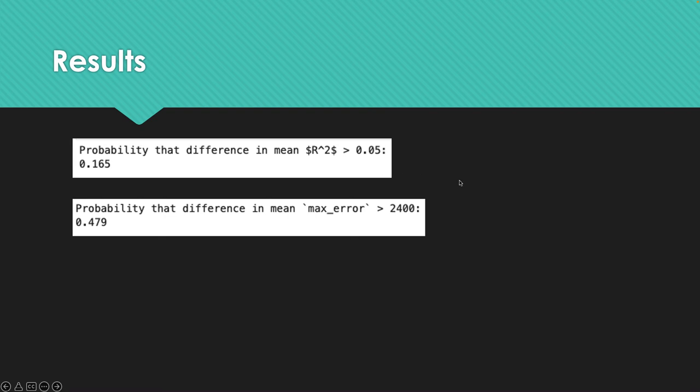And then to define a true difference in the max error, I went with 2400 because that was the difference in the sigma values between the null model and the improved model. And so I found that the probability that the difference in mean max error between the null and improved model is only 47.9%, or 0.479.